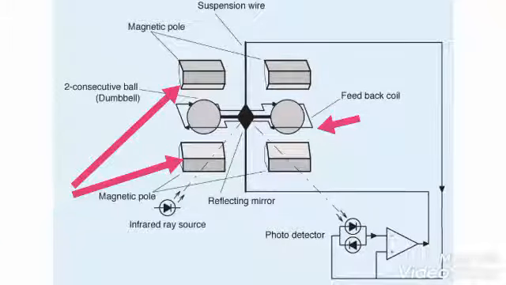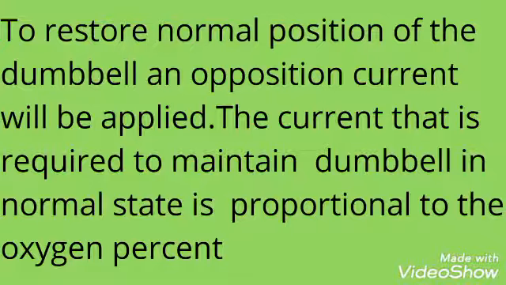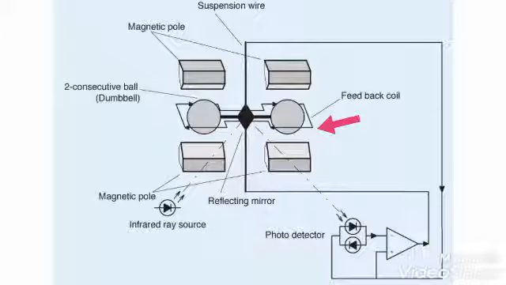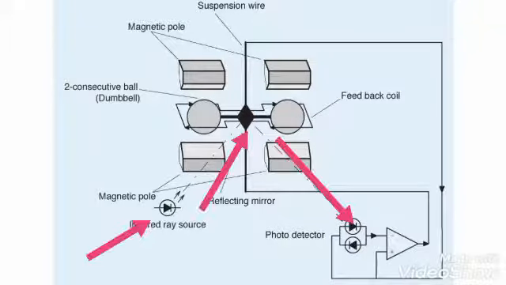The infrared ray source is reflected by a mirror. So to restore the normal position of the dumbbell, an opposite current will be applied. The current is proportional to the concentration of gas. We will measure the current, we will amplify it, and we can use it because this is proportional to the oxygen concentration.